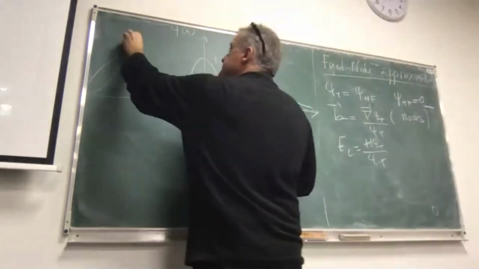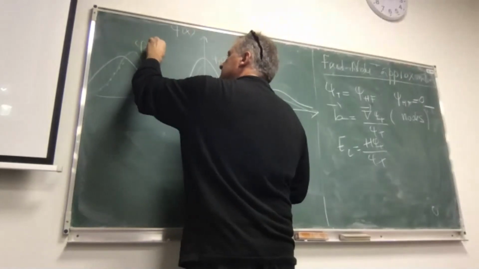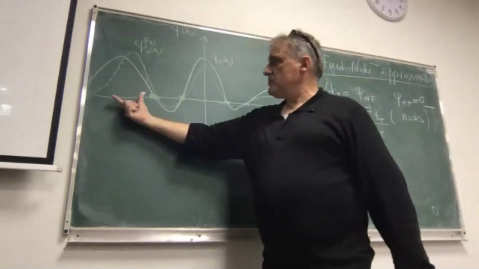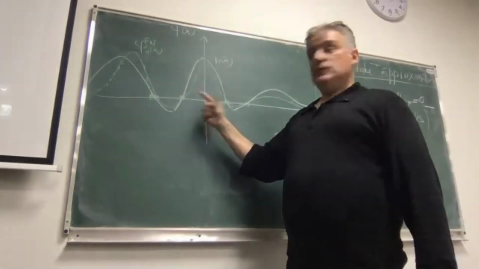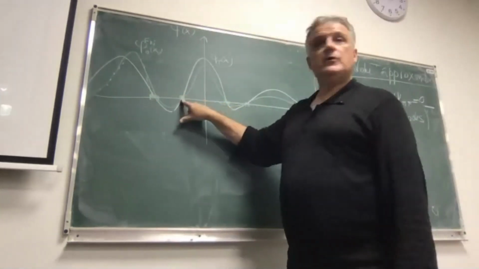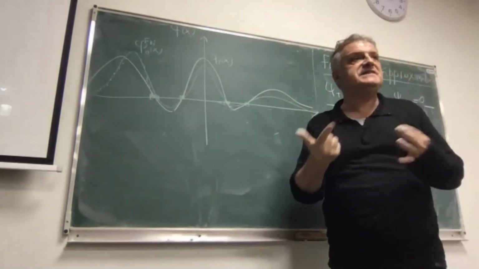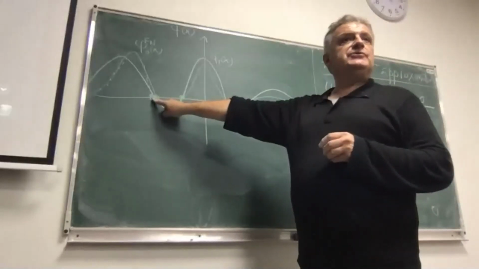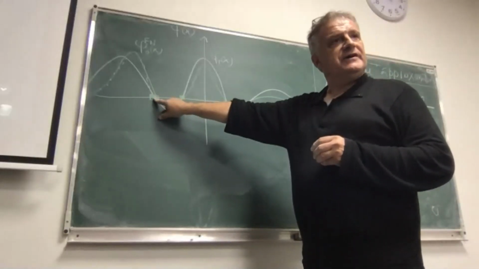Okay, this is phi zero exact fixed node. The solution of the Schrodinger equation in each domain, which pass through the nodes of psi T. And this is approximate because the exact wave function does not have these nodes.